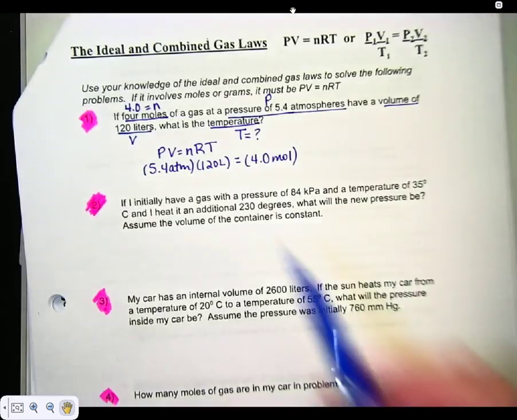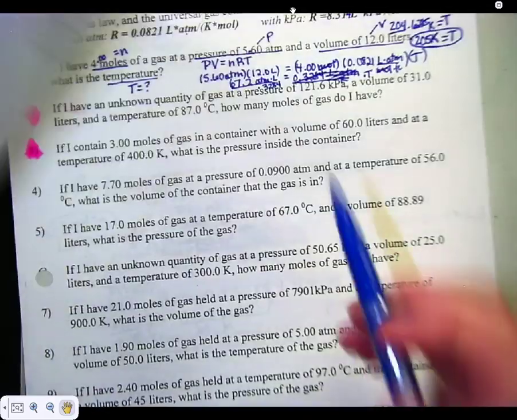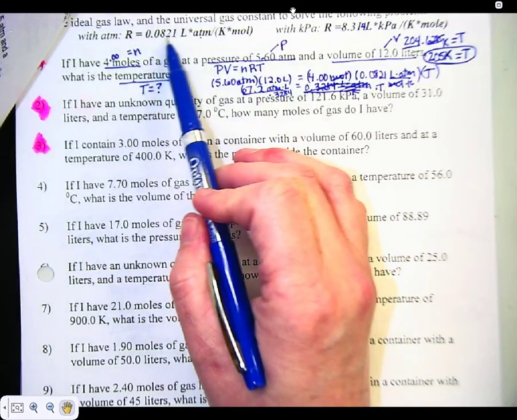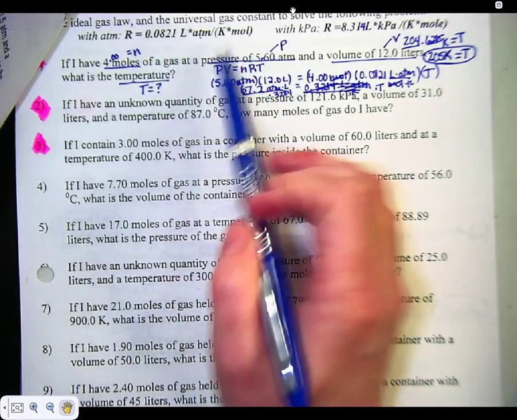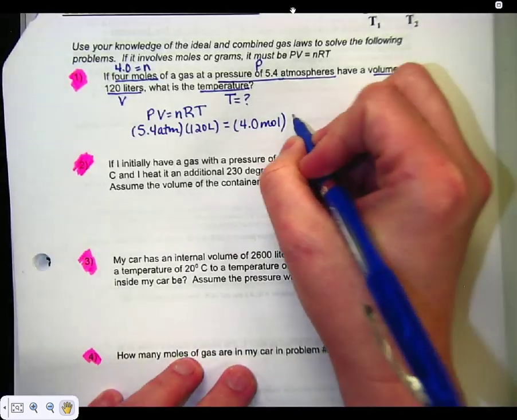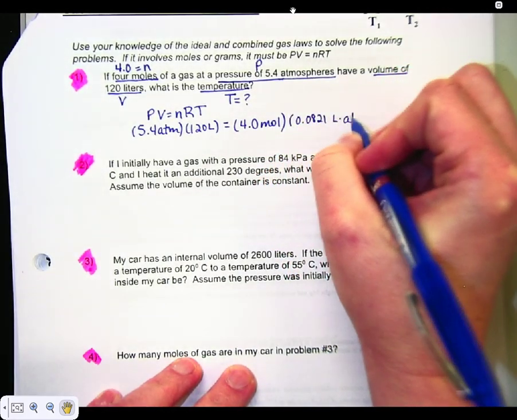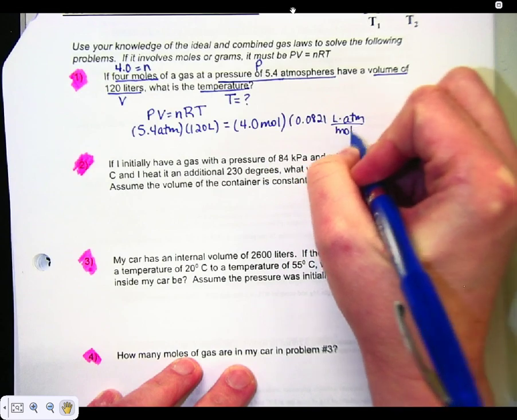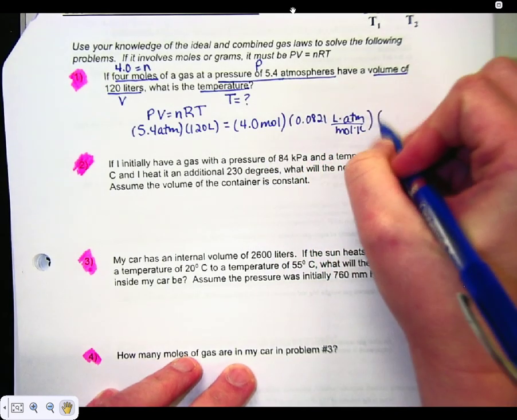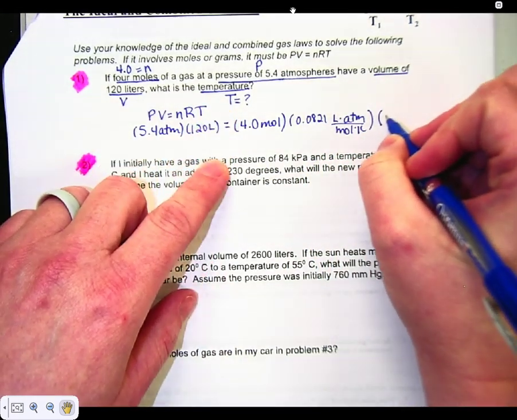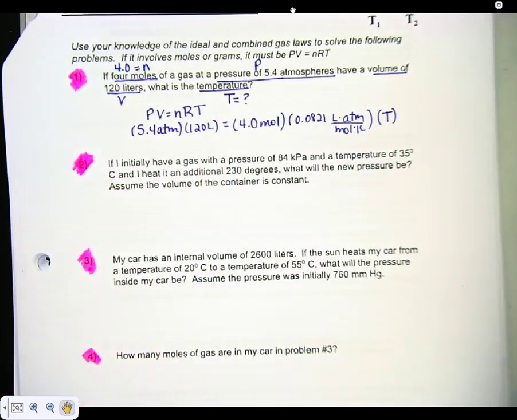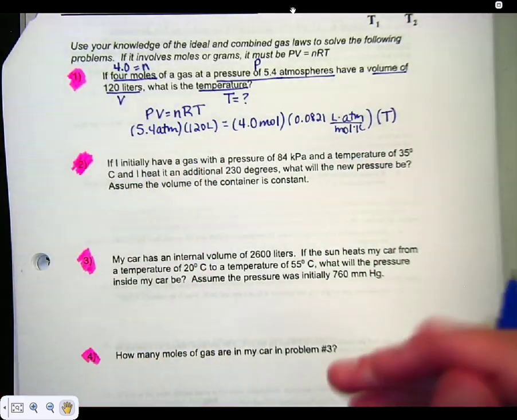Okay, well, notice here our pressure unit is atmospheres. So this means we're going to have to use the 0.0821 liter atmosphere per mole Kelvin for our R. So 0.0821 liter atmosphere per mole Kelvin. And then our T is what we are solving for. So again, I'm going to multiply these out first.